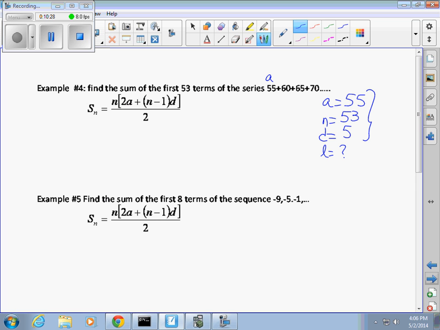So n is equal to 53 times 2 times a, which was 55, plus 53 take away 1 times 5, and I'm going to divide all of that by 2.